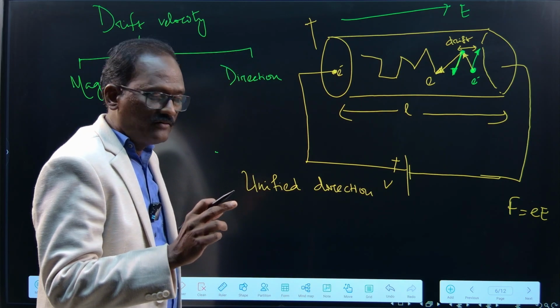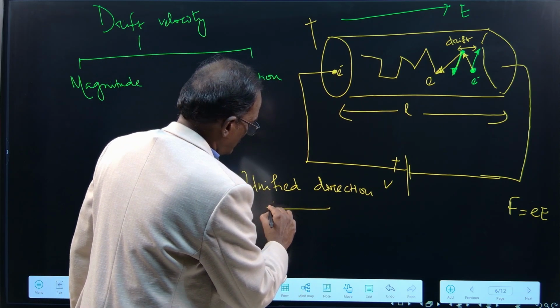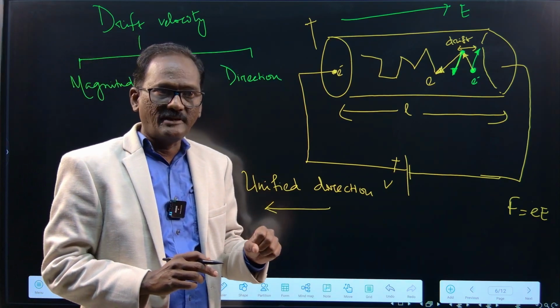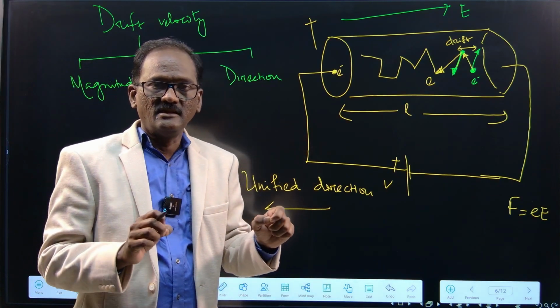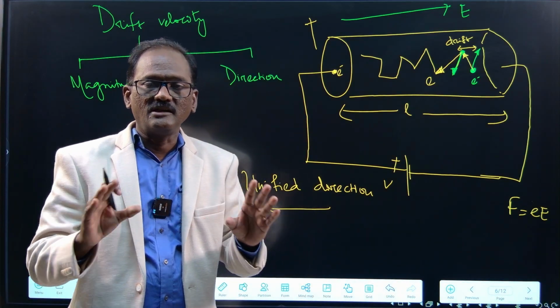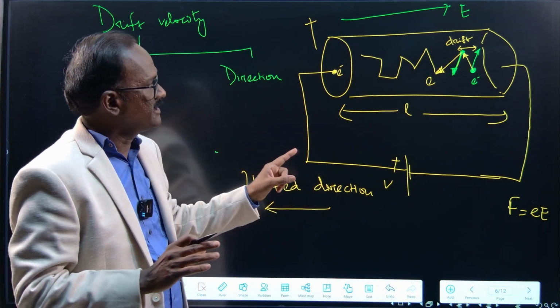If you take the average value, that means only one direction. If you consider all the electrons independently, it will be a zigzag direction. If you consider the average velocity of all the free electrons put together, it will be a single direction.